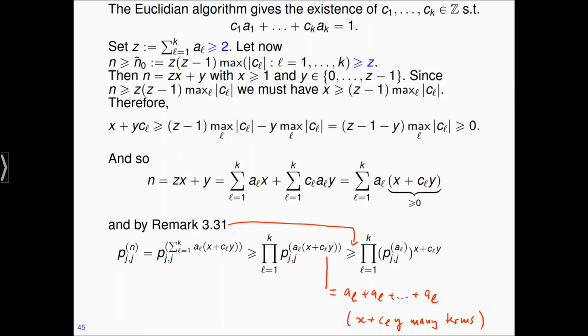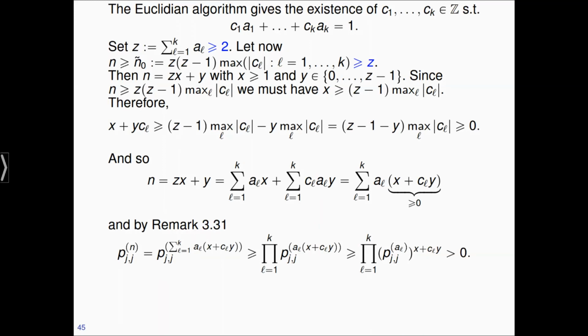Well, now going from j to j in AL plus and so on plus AL many time steps is lower bounded by going from j to j in AL many time steps and then going again from j to j in AL many time steps and so on. And I do this x plus CL times y many times. So this was the excessive application of remark 331.